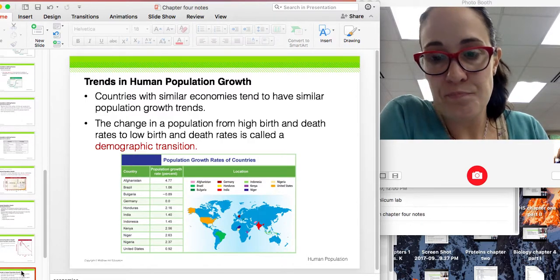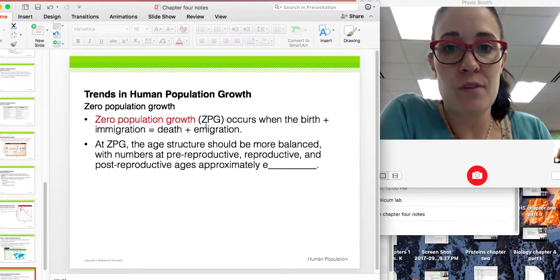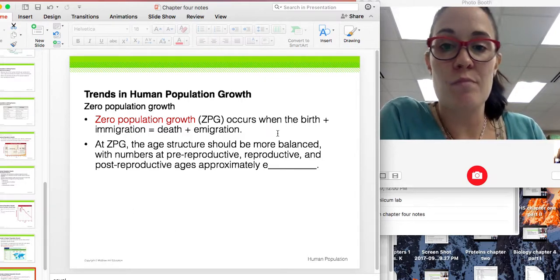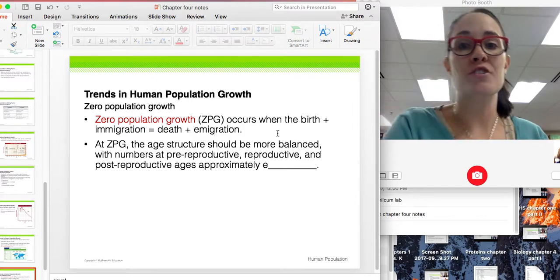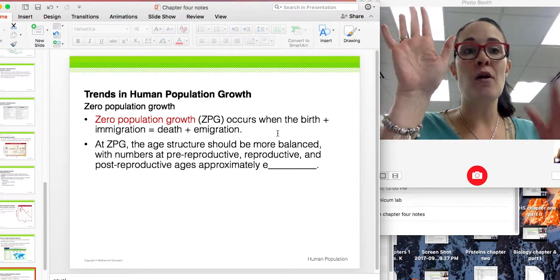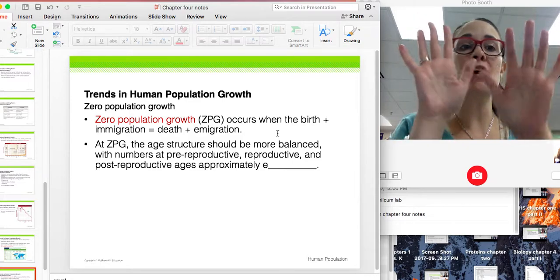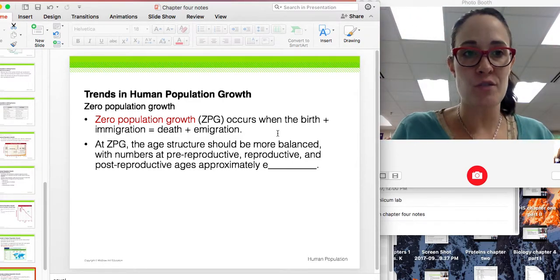Okay. Zero population growth, or ZPG, occurs when birth and immigration, so that would increase population numbers, about equals death and emigration, so that would lower it. So when they're about equal, overall population growth is 0.